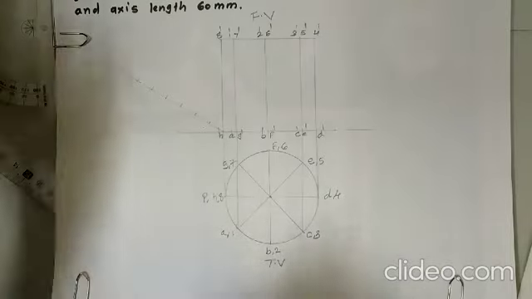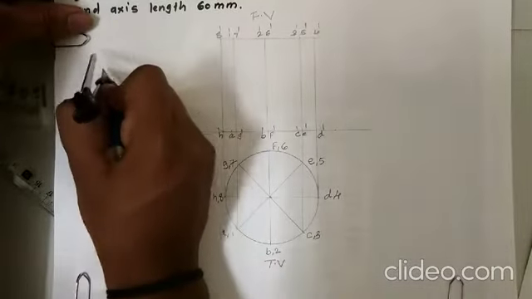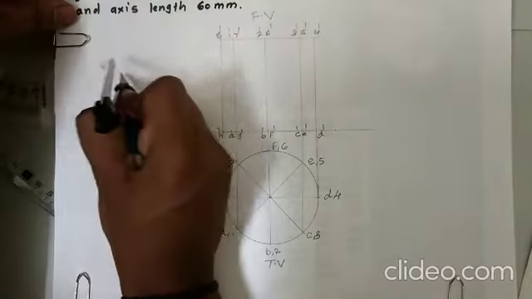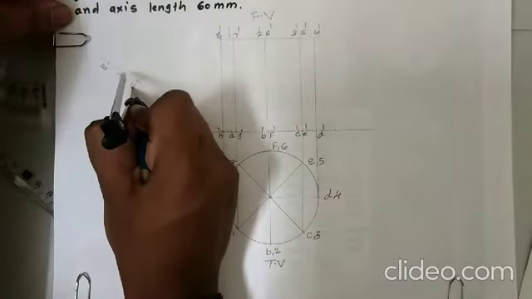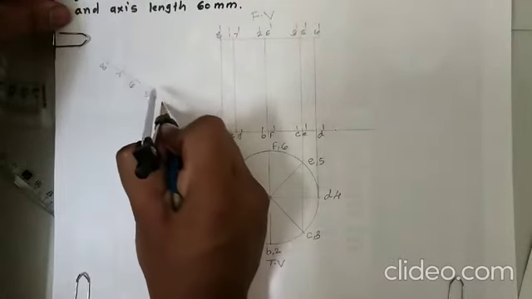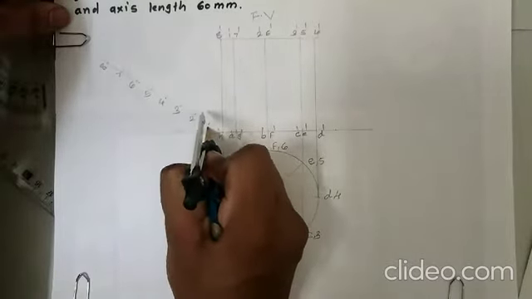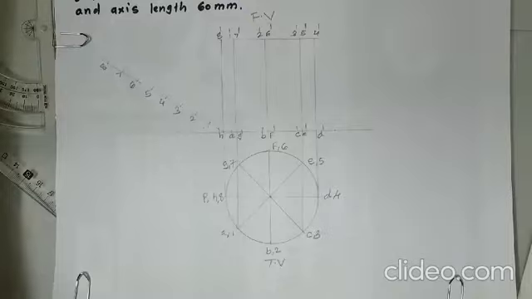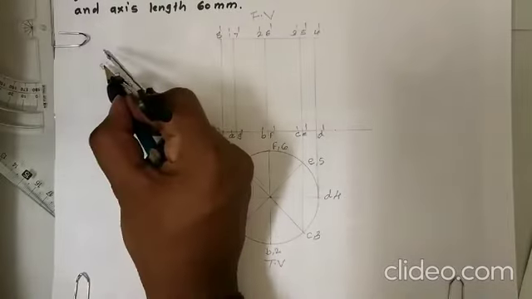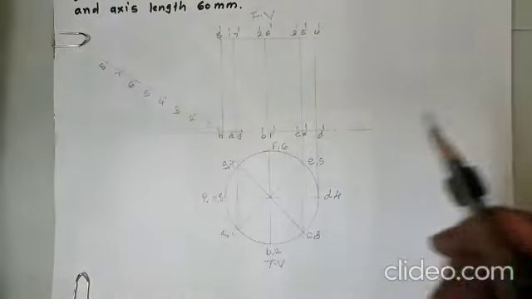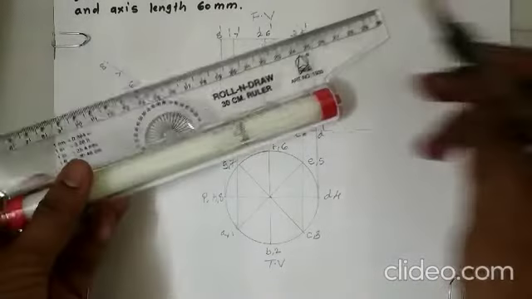Name this 8th, then 7th, 6th, 5th, 4th, 3rd, 2nd, and this is 1. Now we need to join 8 to 8 dash. Use the roller scale.